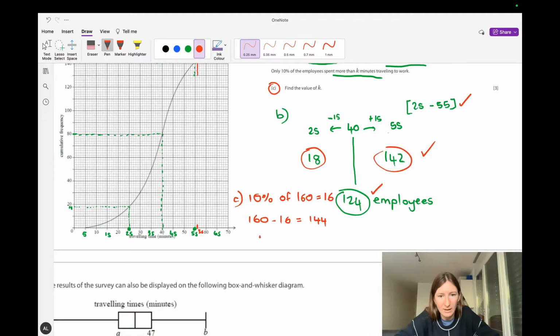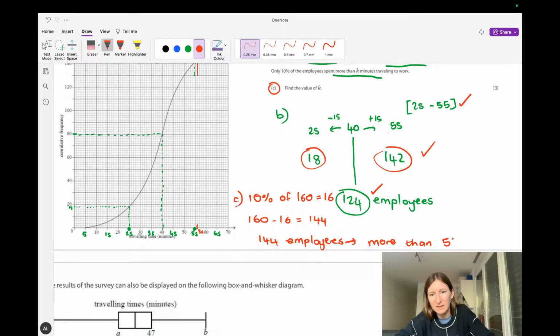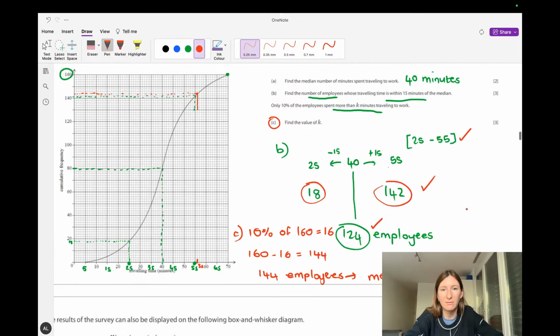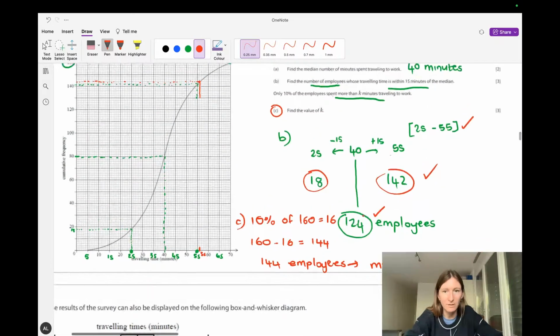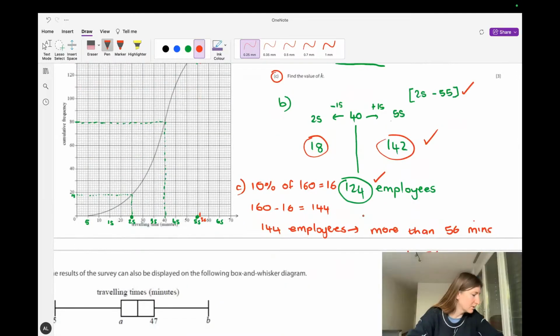At 144 employees, those in the top 10% spend more than 56 minutes getting to work. So K is 56. That was the value we were looking for. Very typical questions that will be asked.